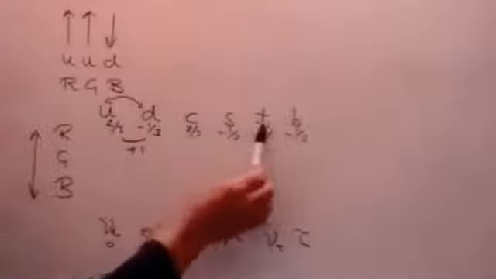This interaction, flipping between up and down, is the weak interaction, the weak nuclear force. So we've got a weak nuclear force that exchanges these, and we've got a strong nuclear force that essentially exchanges these.